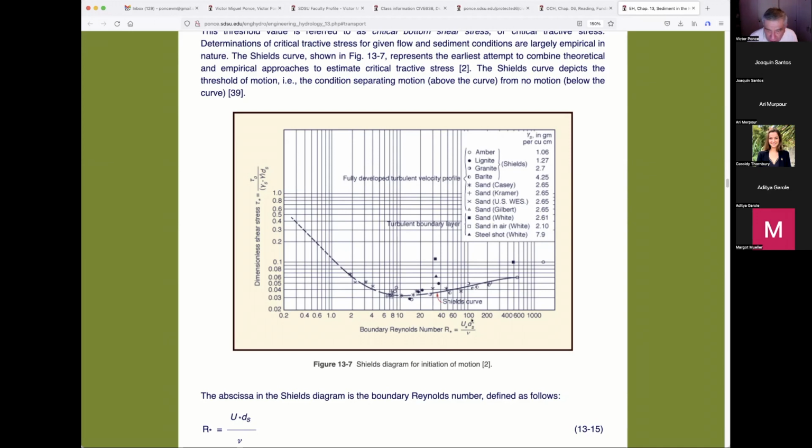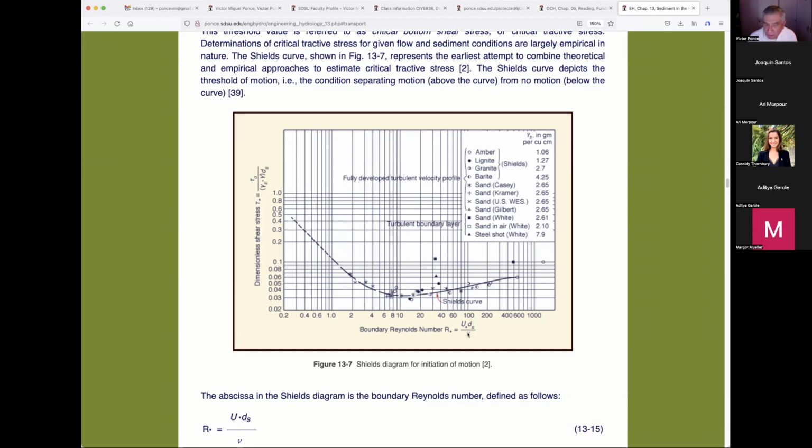It's the U star times the ds. In the denominator is the micro viscosity. That's the viscosity of the flow itself, or the water itself, represented by nu. This is the kinematic viscosity as opposed to the dynamic viscosity. And you know, there's a relationship between the two.